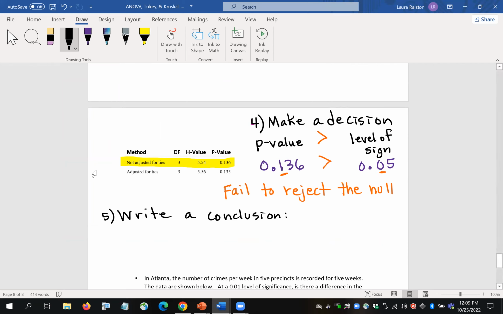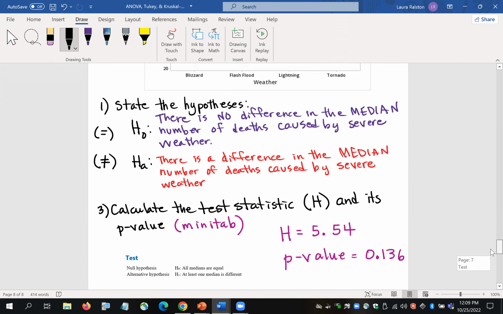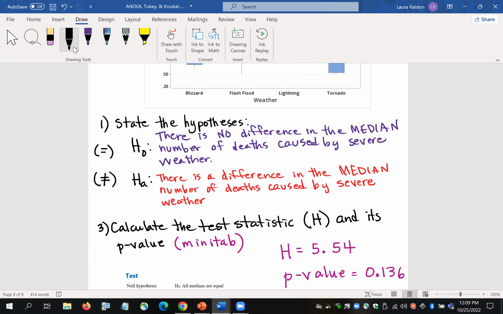Now, go back and think about what this means in the context of this problem. If we fail to reject the null, that means that the null is true or valid, and the alternative is false or invalid.